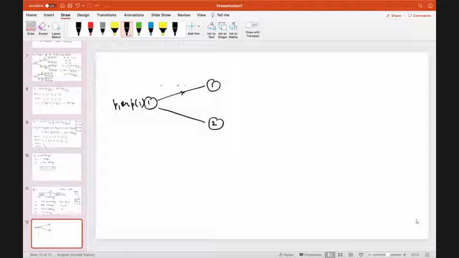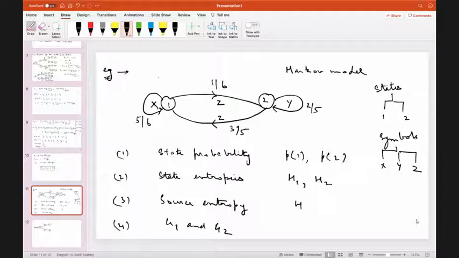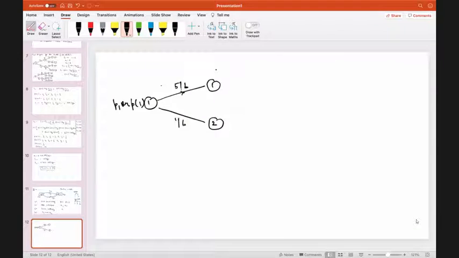So this probability is, I think, given to you as 5 by 6, and this probability will be 1 by 6. When you go from 1 to 1, you emit X, and when you go from 1 to 2, you emit Z. So X and Z come here.